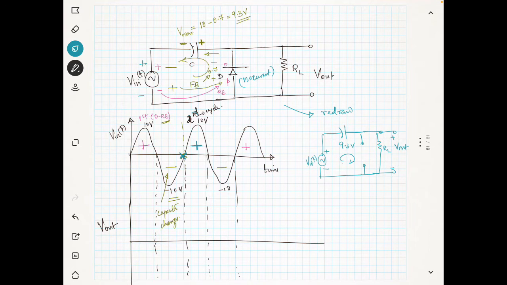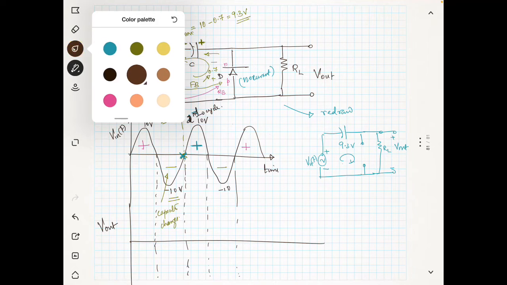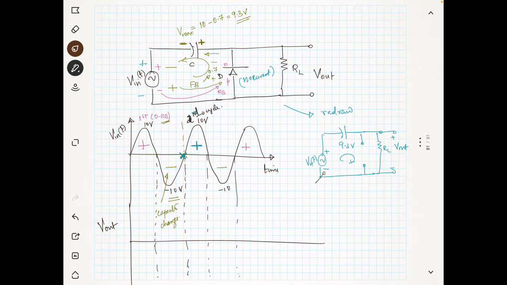I will start from this point. So it is minus V in of t, then this is plus and minus, so minus 9.3, then plus V out of t, equal to 0.